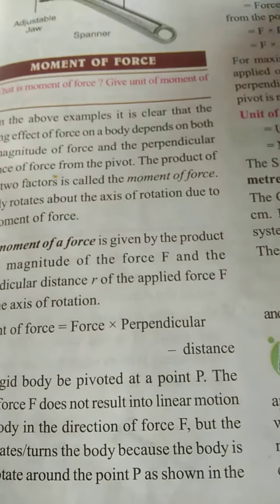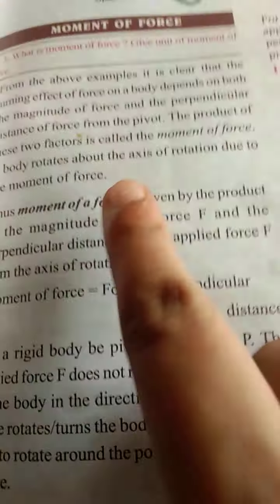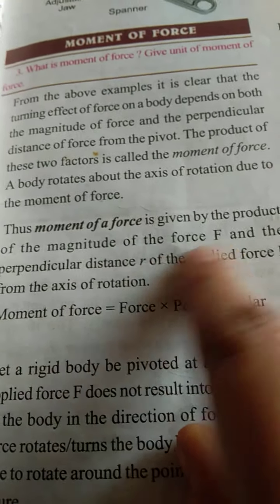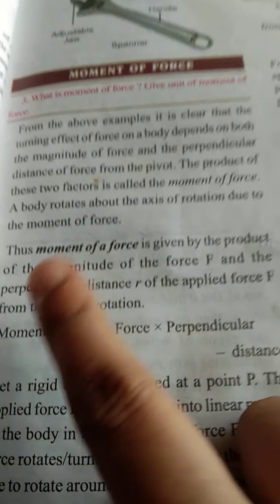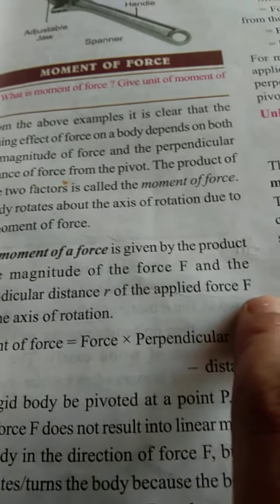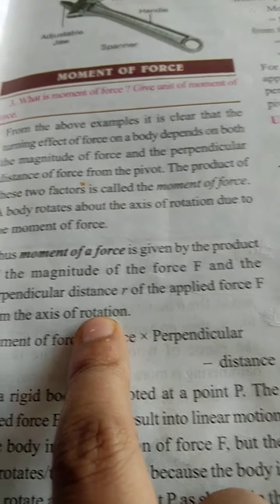The moment of force. So a moment of force is given by the product of the magnitude of the force F and the perpendicular distance R of the applied force F from the axis of rotation.